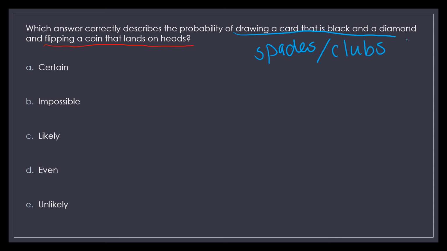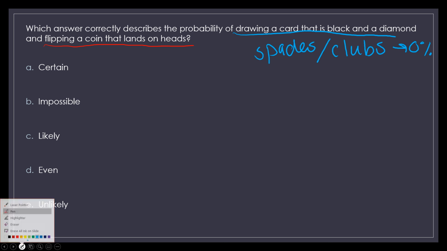A diamond is a red card, which means it can't be a black card and a diamond at the same time, because that's impossible. There are no black diamonds. There are red diamonds, but there are no black diamonds, which means this is going to have a 0% chance of happening. I can't pull a card that is both of those things.